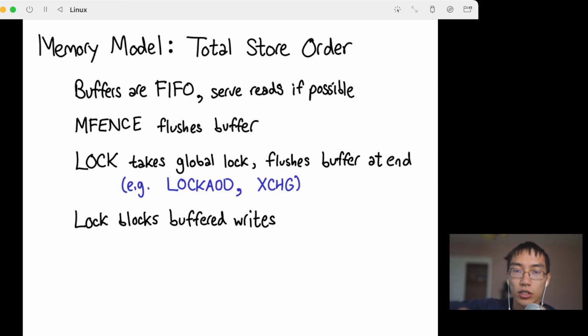And locked instructions take out a global lock. So there's a global lock associated with your processor. And once it's gotten the lock, it can do a bunch of operations. And then at the end of the locked region, everything gets flushed to main memory. And when you take out the lock, you basically don't buffer your writes. Other threads are not allowed to push their buffered writes into main memory.